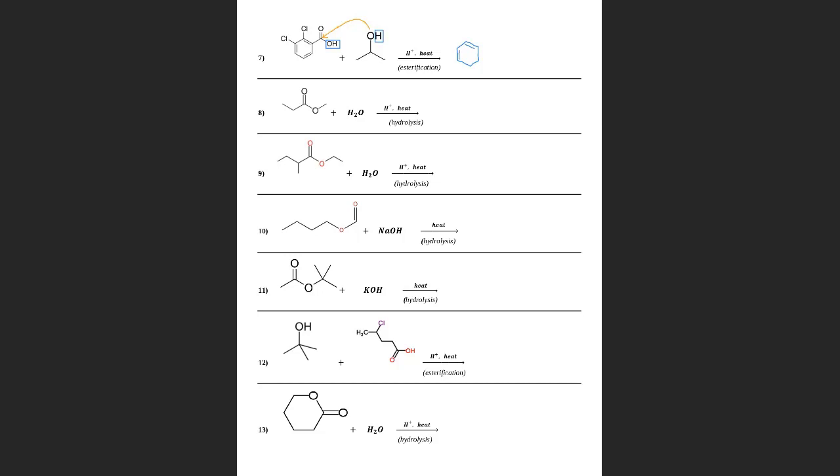I have my double bond, single bond, double bond. I have my 2 chloro groups, and then I have my C double bond O. I lost my OH. Instead, the oxygen from the other group comes and attaches to it.